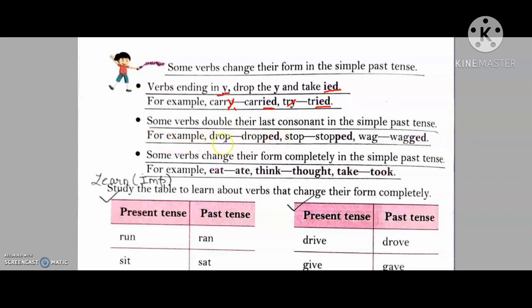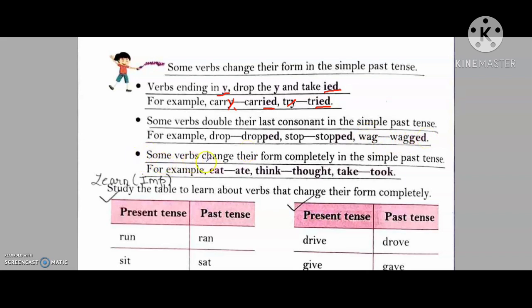For example, drop, we will double, yes, P. The last consonant is P. So we will double P, drop, again we will use P, then ed. Drop will become dropped. Stop, stopped. Wag, wagged. Clear?